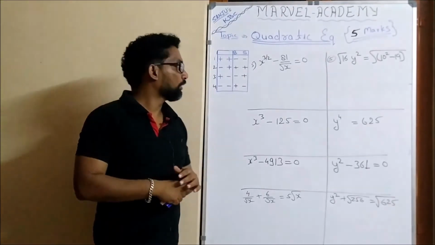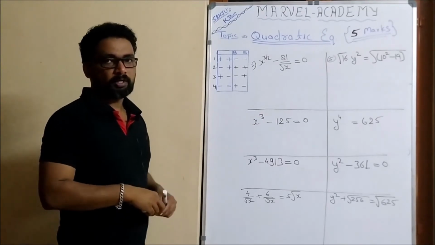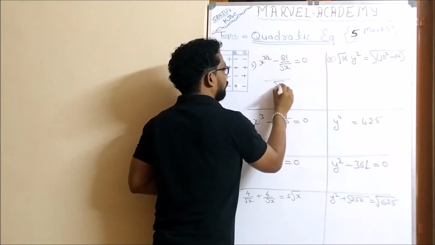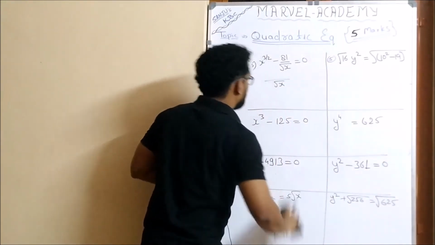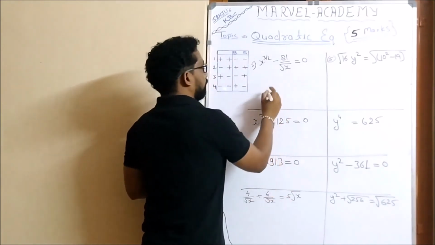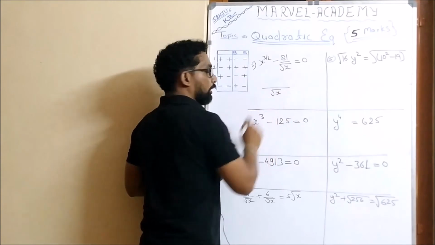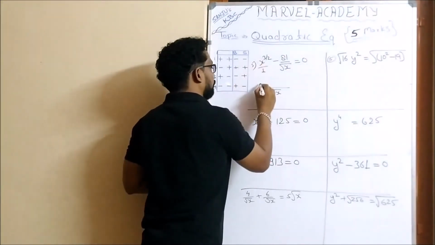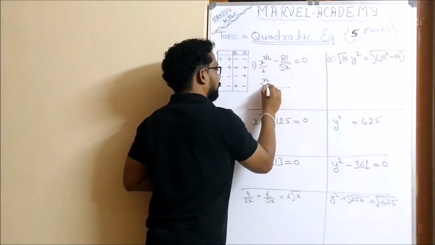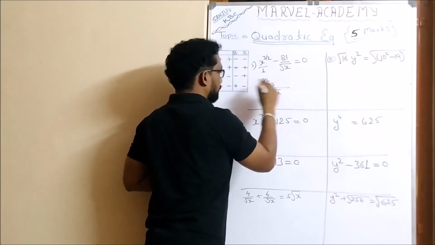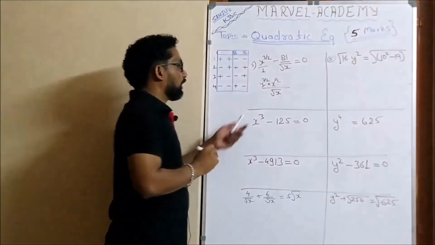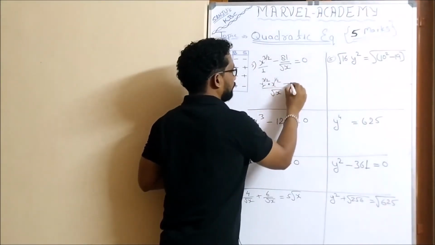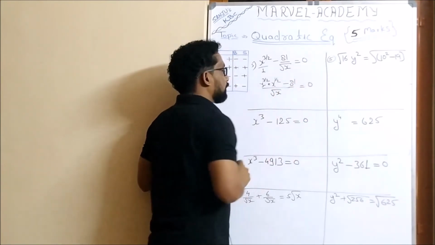Now we will move to a bit different type of quadratic equation. So here we get the LCM of x. Here the LCM is under root x because the value is 1. So x power 3 by 2 into x power 1 by 2, since under root is actually power 1 by 2, minus 81 equals 0.